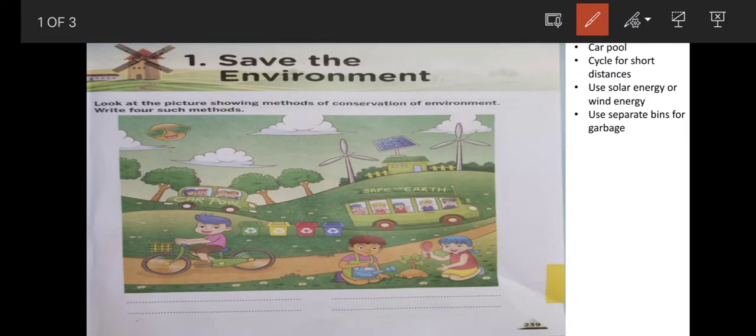The second method, that is here a boy is riding a cycle on the road. What we can learn from this picture?